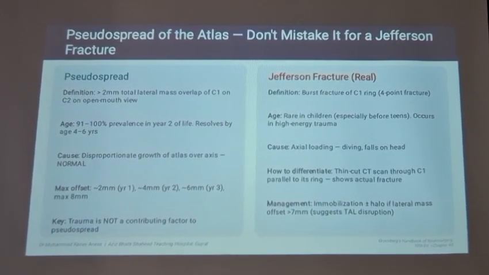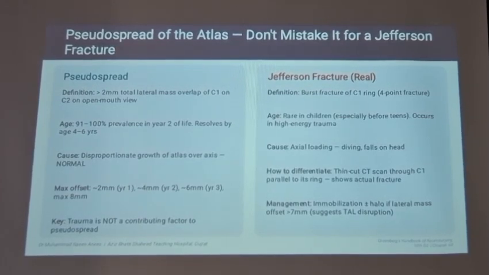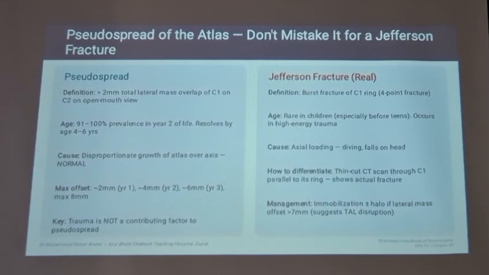So the real Jefferson fracture is a burst fracture of the C1 ring, a 4-point fracture, very rare in children, especially before the teens. It occurs in high energy trauma, due to axial loading, diving, or a fall on the head. How to differentiate the real fracture from the pseudospread?